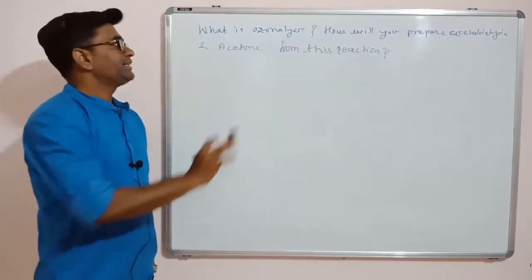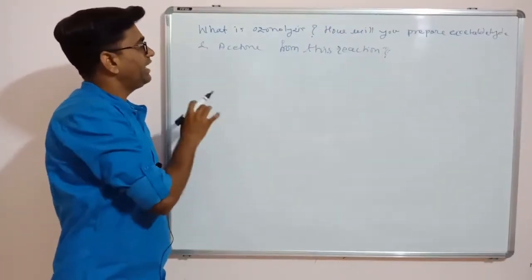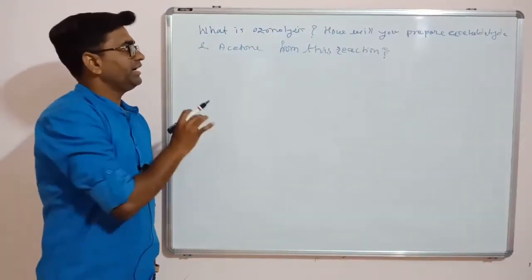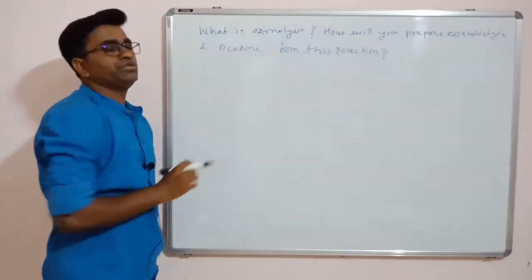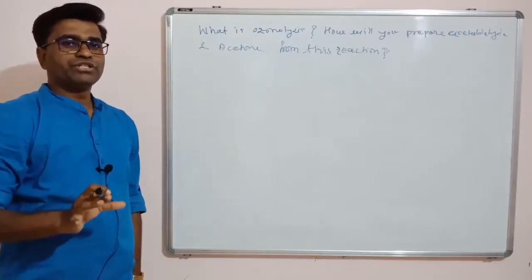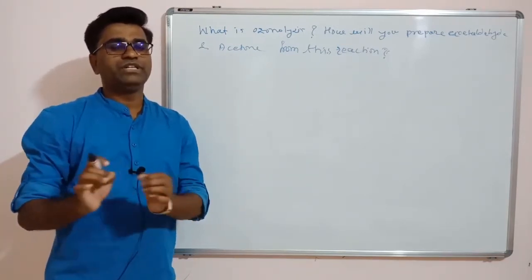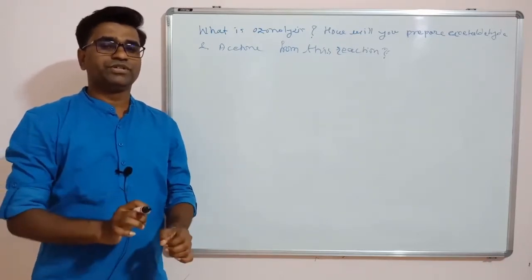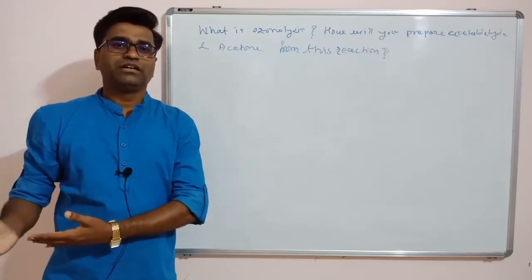Friends, the next question is: what is ozonolysis and how will you prepare acetaldehyde and acetone from this reaction? So first, what is ozonolysis? You have to mention the definition. Ozonolysis is an oxidative cleavage reaction of the alkenes in presence of ozone and zinc to give products like ketones and aldehydes.